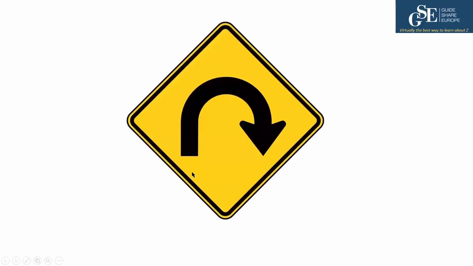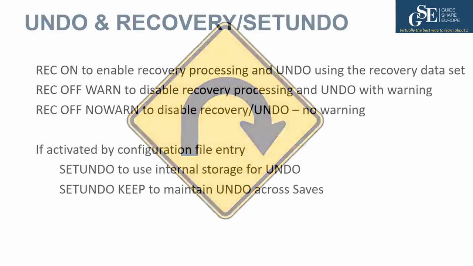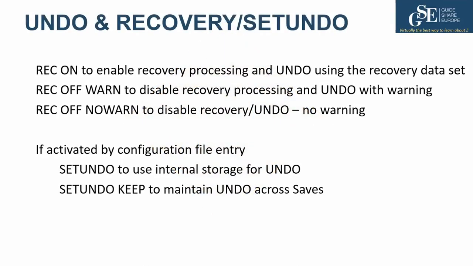Okay, I'm hoping that I'm not the only one that ever makes mistakes. Years ago, we added the undo command, and it initially started with having to have recovery turned on. That is the default way.